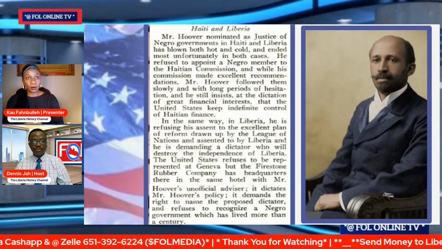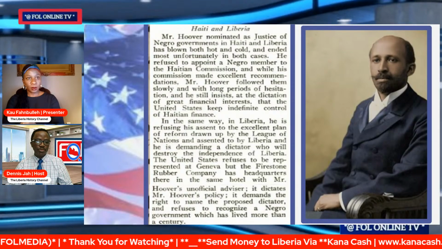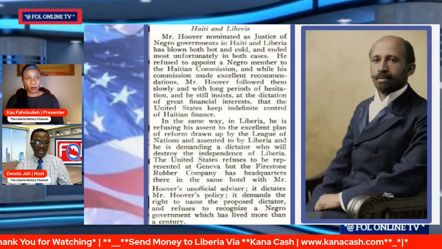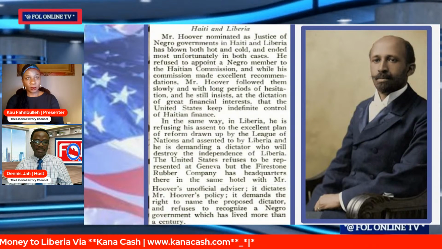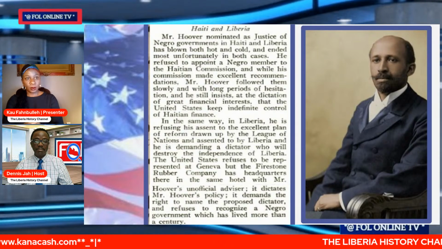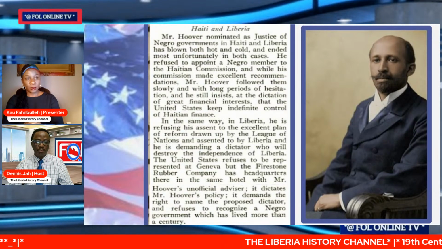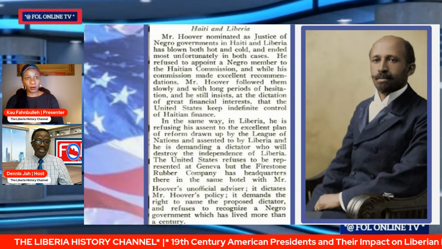The United States refuses to be represented at Geneva, but the Firestone Rubber Company has headquarters there in the same hotel with Mr. Hoover's unofficial advisor. It dictates Mr. Hoover's policy. It demands the right to name the proposed dictator and refuses to recognize a Negro government which has lived more than a century.